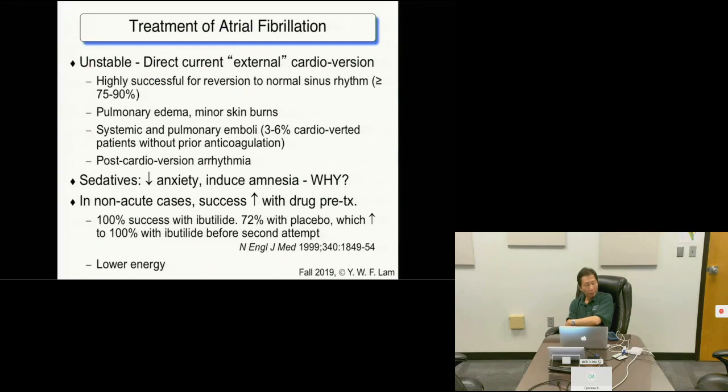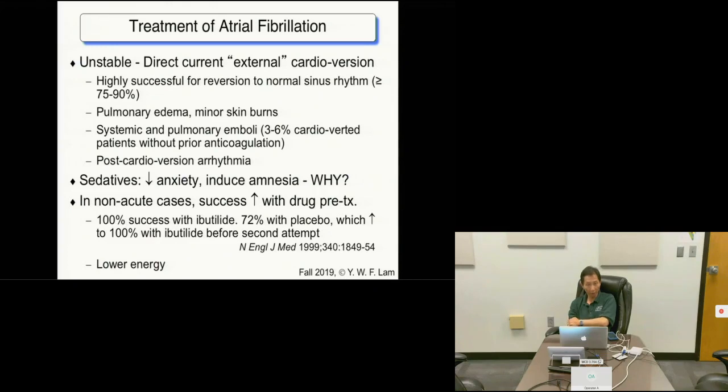So if we have the opportunity in terms of time, meaning that the patient's hemodynamic response is okay and we can wait in terms of doing the cardioversion, then some of the literature data, even though they're old, suggest that we can increase the success rate with direct current cardioversion from 75% to 90% to almost 100% if we pre-treat the patient with a drug.